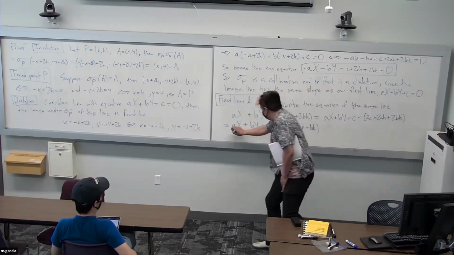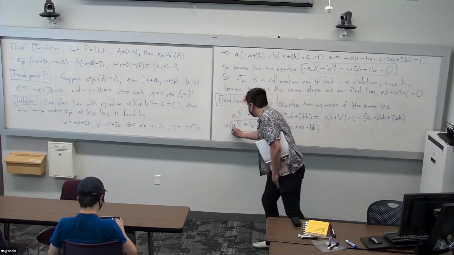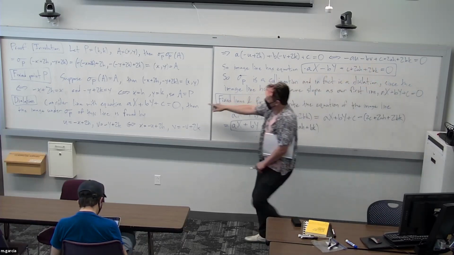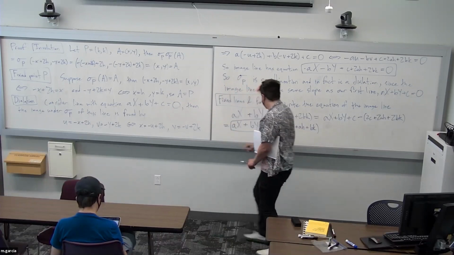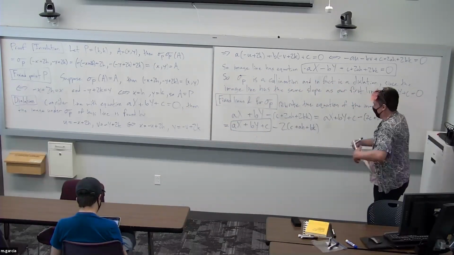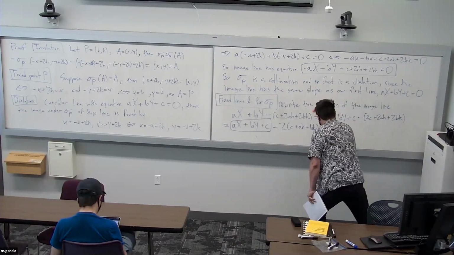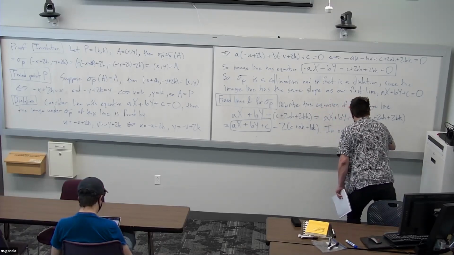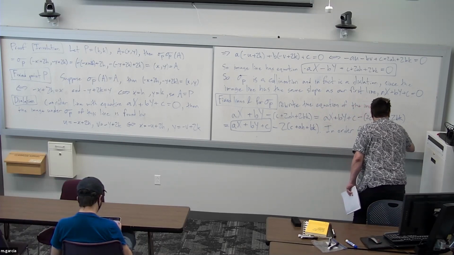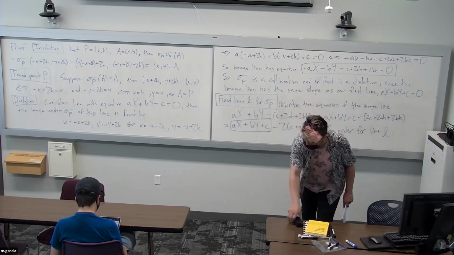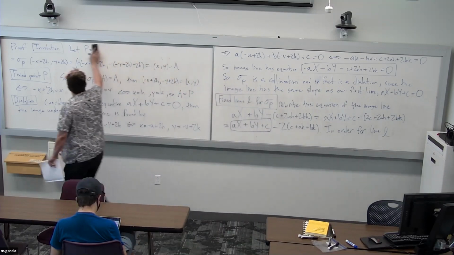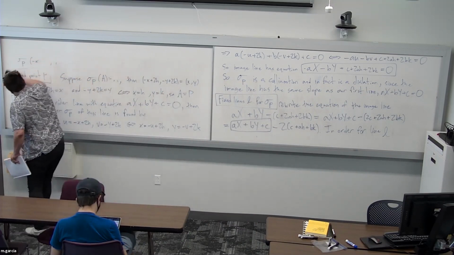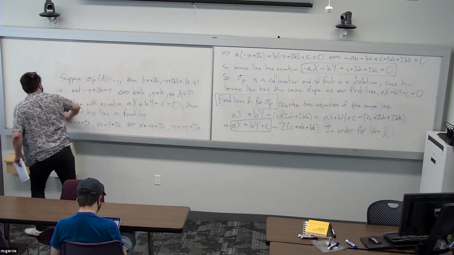Yeah, these first 3 terms constitute the original equation that we started with of our arbitrary line. That bit has to be 0. Exactly. So in other words, in order for line L with this standard equation, in order for that line to be fixed, that last term has to be equal to 0.